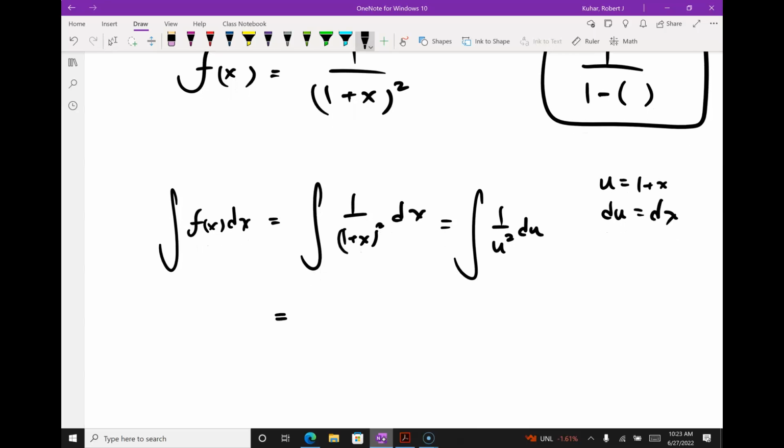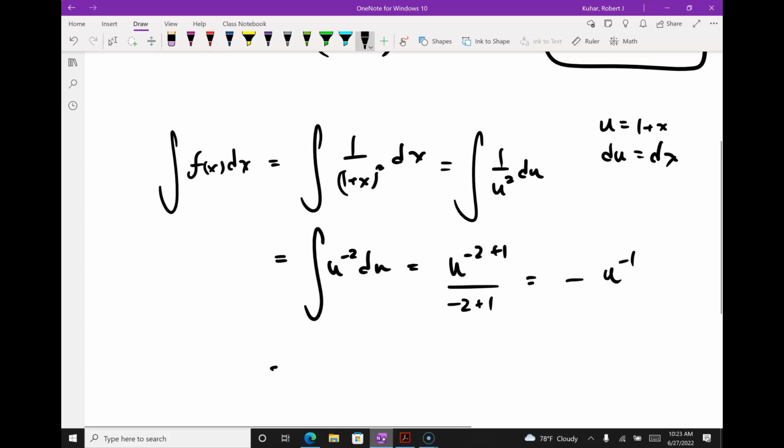So what is that? The integral of u to the minus 2 du, how's that? So I'm going to add 1 and divide by the new exponent, right? So it looks like I get the opposite of u to the minus 1, the opposite of 1 over u. So the opposite of 1 over, what was u? 1 plus x. Oh, look at that.